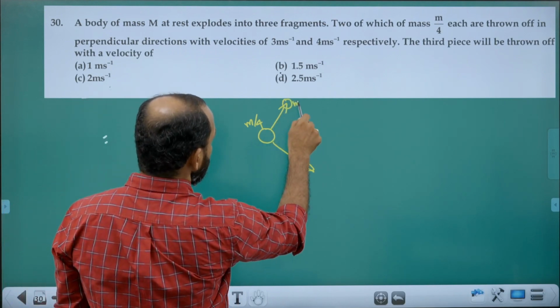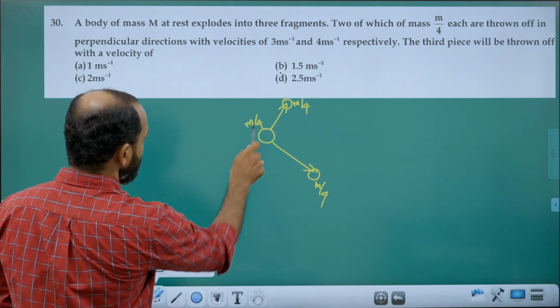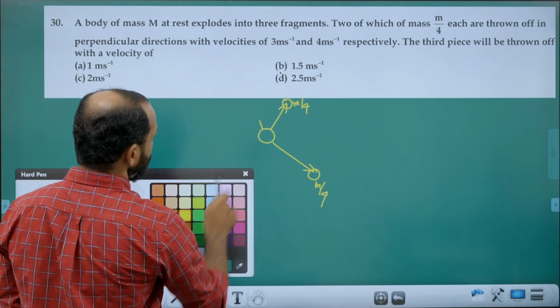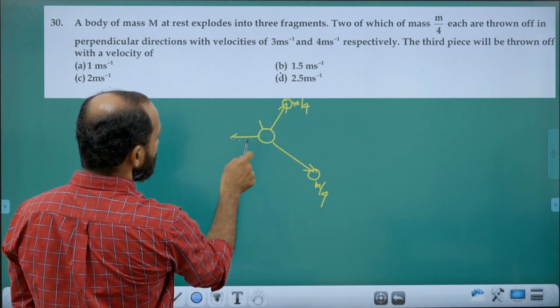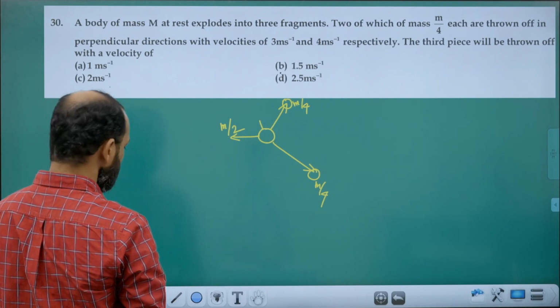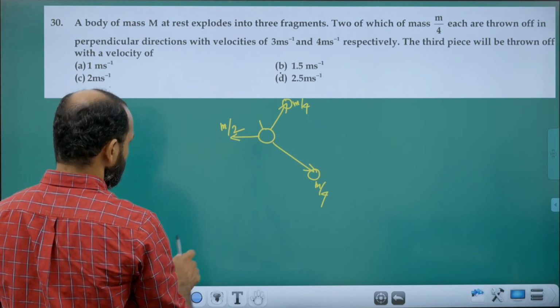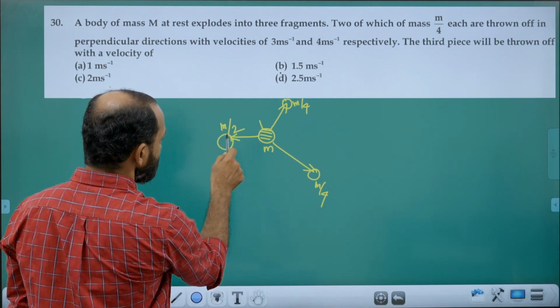What is the mass of the other piece? m by 4 plus m by 4 is m by 2, so the residual mass will be m by 2. So this one is of mass m, this one is of mass m by 2.